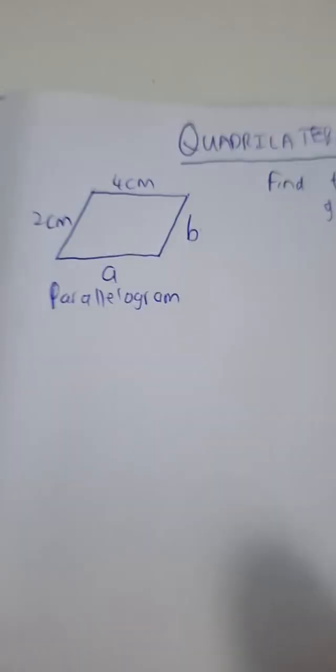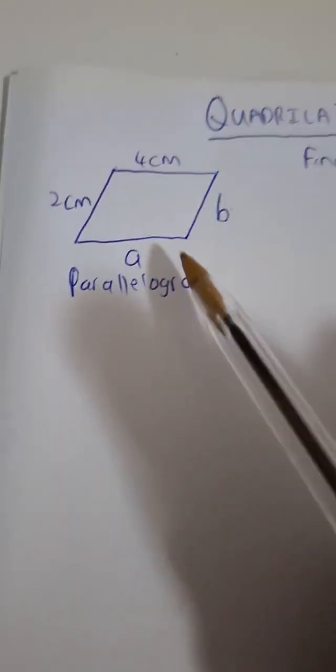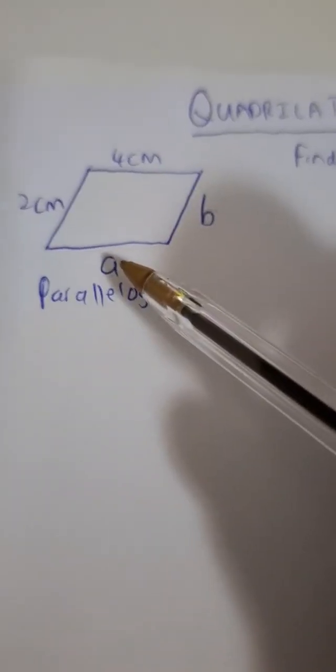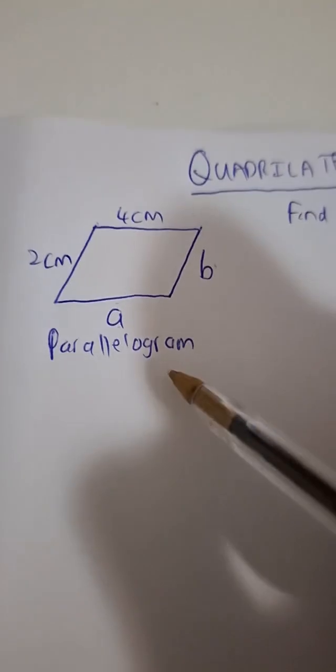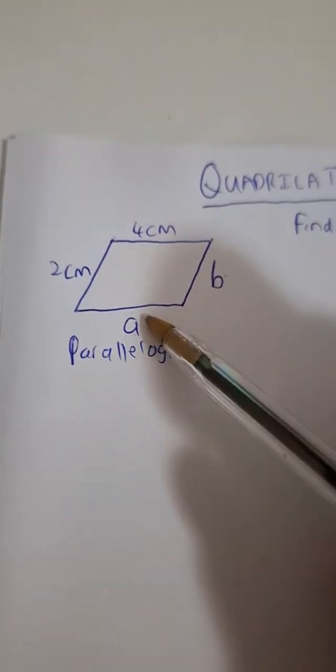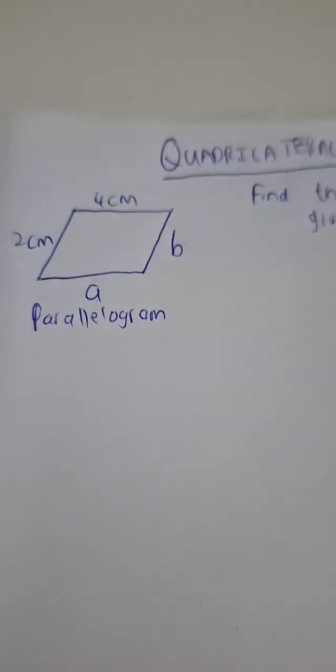And this here is a parallelogram. So Kia, what would be the length or the magnitude of A and B? And for each one, you need to give me a reason. So this is a parallelogram. What is A and what is B?